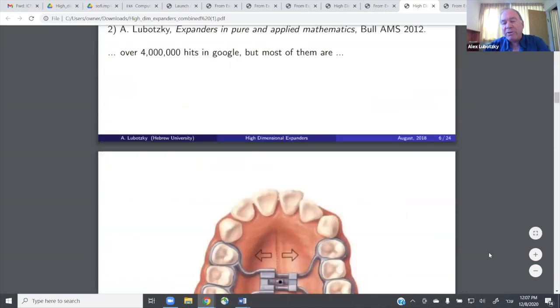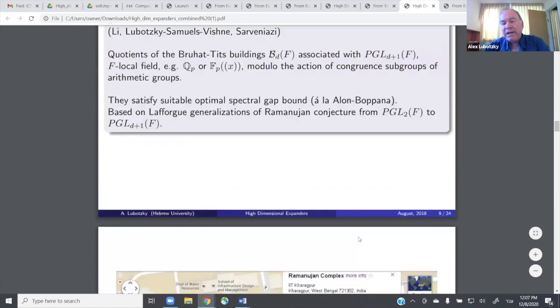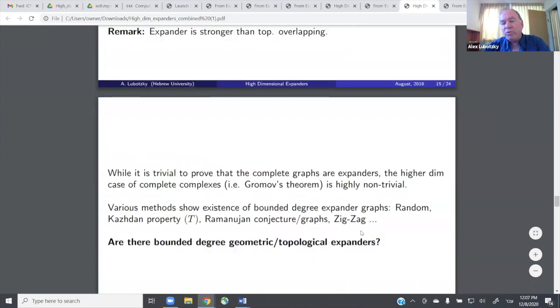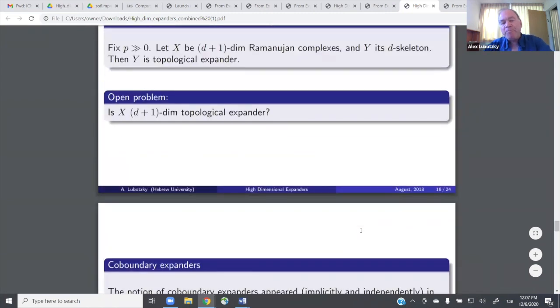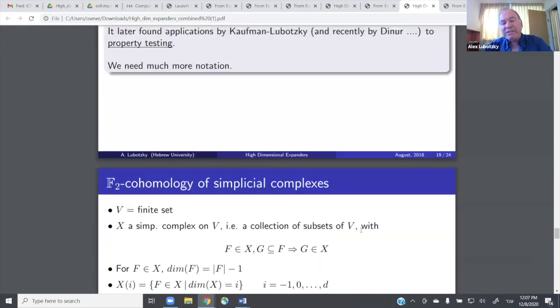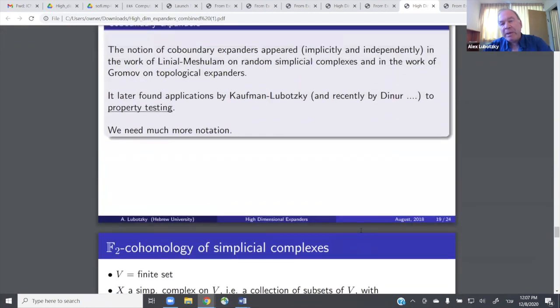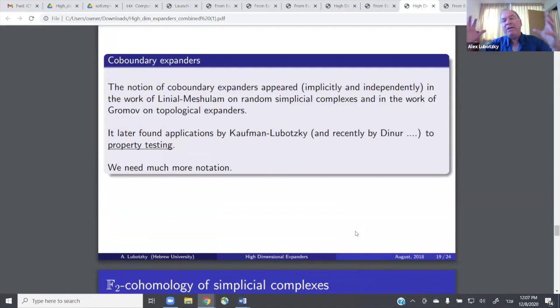We try to take the Ramanujan complexes and we try to build codes on them, instead of on the Ramanujan graphs, with the hope that they will also be locally testable. We haven't succeeded yet.